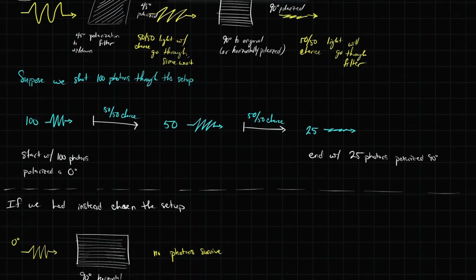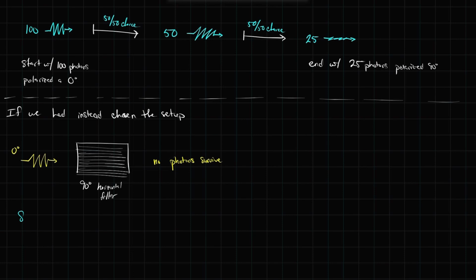And so if we pass 100 through the setup, we start with 100, which are vertically polarized at 0 degrees, and we end at a 0 chance of making it through. We end at no photons, 0 photons.